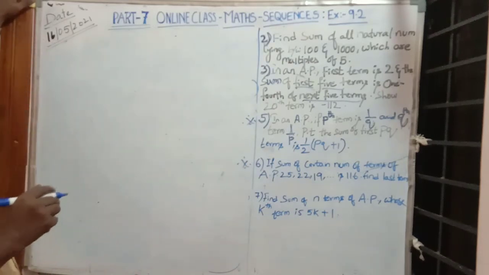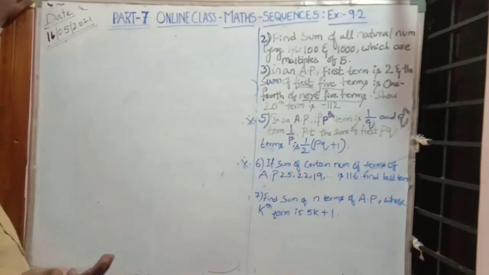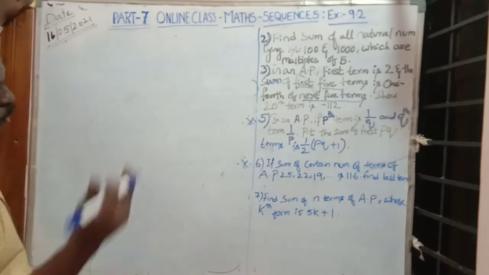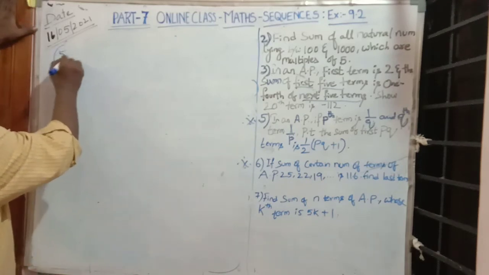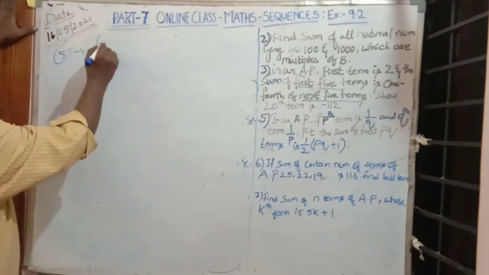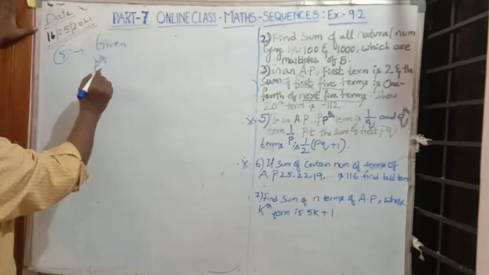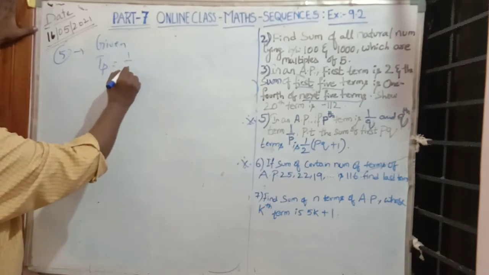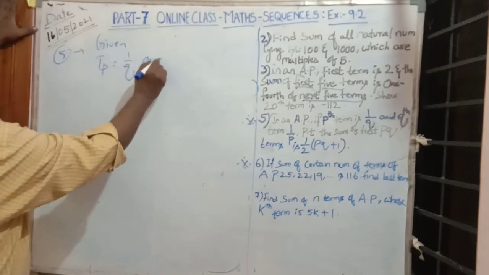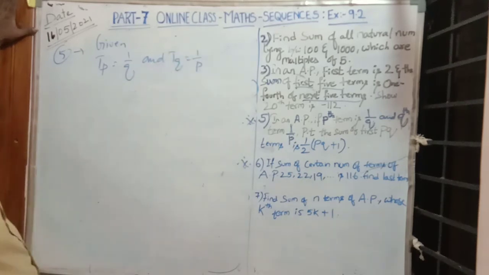Concepts are very good. In an AP, the pth term is 1 by q and the qth term is 1 by p. What is given? Tp is equal to 1 by q and Tq is equal to 1 by p.